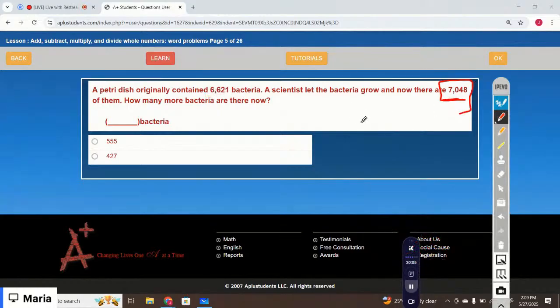We need to see how many more bacteria are there now, so just subtract. 8 minus 1 is 7. 4 minus 2 is 2. 10 minus 6 is 4. So that is 427. Option number two is the correct option.